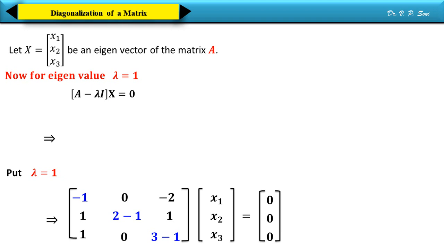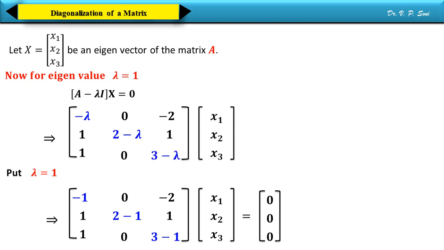This implies matrix whose first row minus lambda, 0, minus 2; second row 1, 2 minus lambda, 1; third row 1, 0, 3 minus lambda into column matrix x1, x2, x3 equal to column matrix 0, 0, 0.